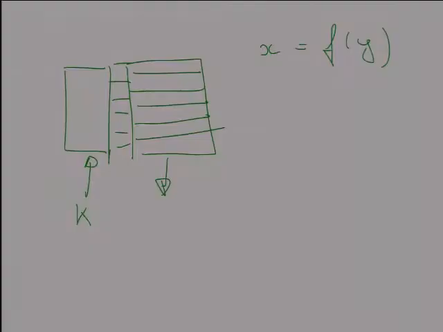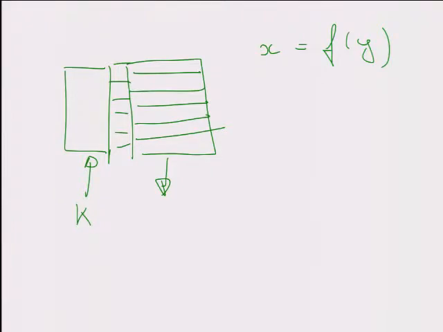So a typical memory gives you a certain amount X, which is data, as a function of your address Y. Y has a width of K. The number of words that you have in your memory is going to be 2 to the power K, and we call that N. So if you have 10 address bits, I have 1,000 rows in my memory.